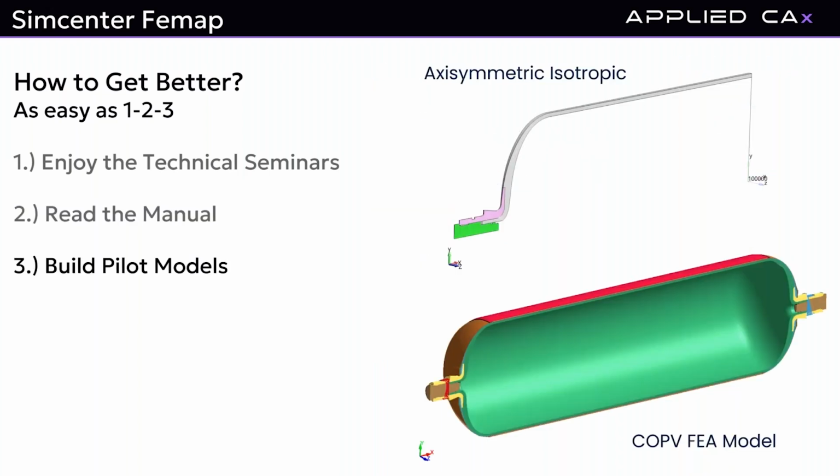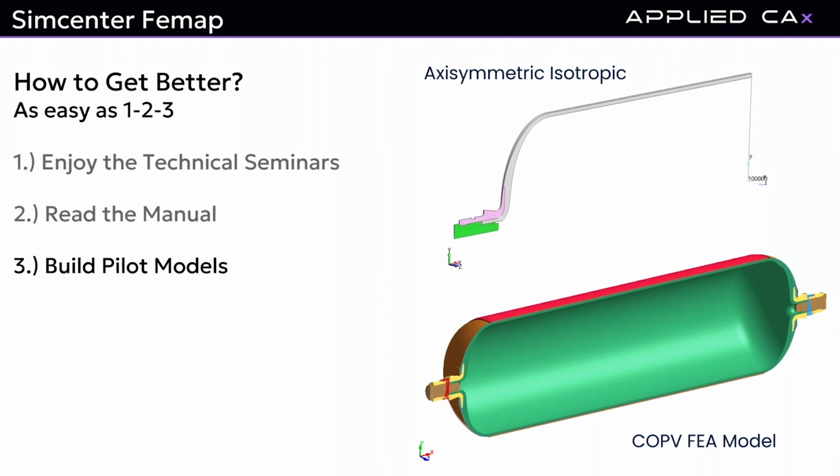So how do you get better? Build pilot models. Build stupid, itty bitty little pieces of junk. This is a classic: a composite overlay pressure vessel, with an aluminum liner and a composite overlay wrapped around the shell. You can get pretty close with an axisymmetric model. That's the gig: you build simple.